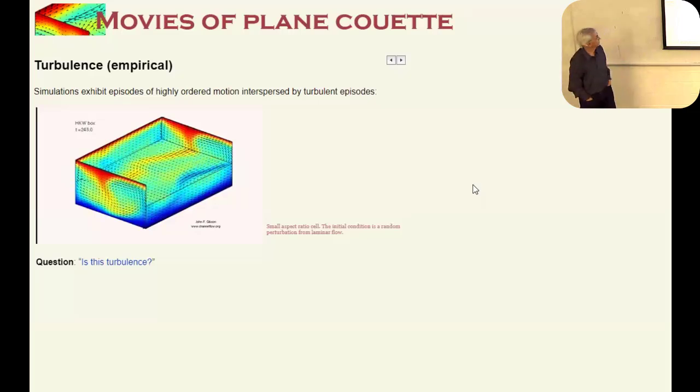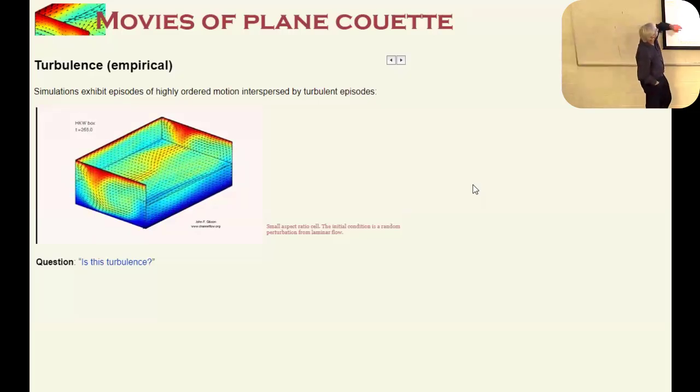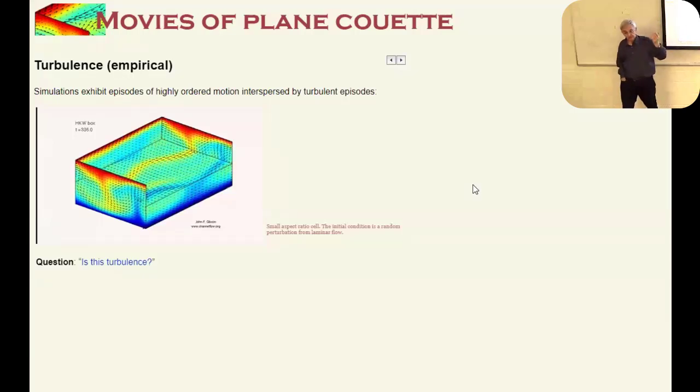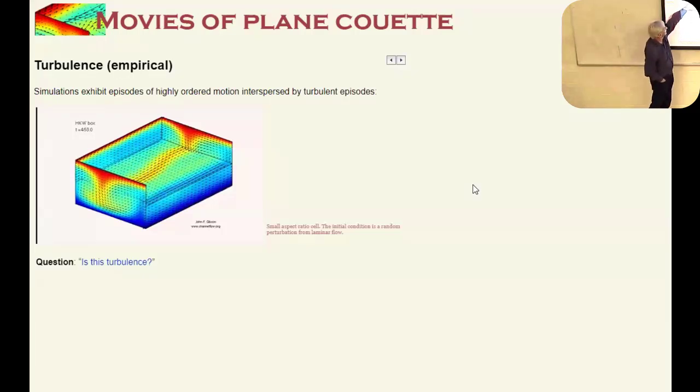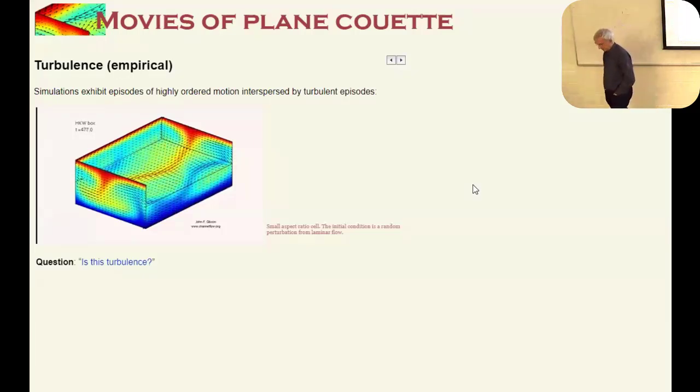And you see lots of patterns in it because every so often it looks like it's aligned itself. This would mean two poles going like that, like that. Then it falls apart and goes on and on. And if you do numerical experiments with this, what you discover is it never settles down. And later on, you understand why it never settles down. But basically, this is kind of the simplest example of what you mean by turbulence.